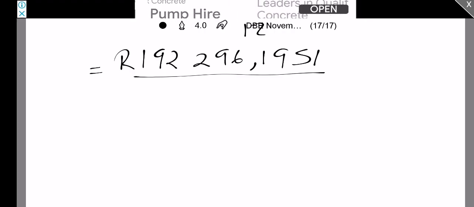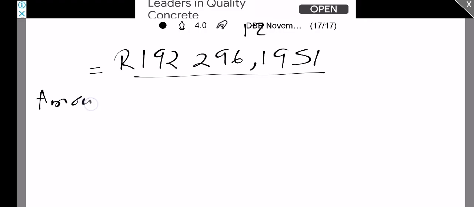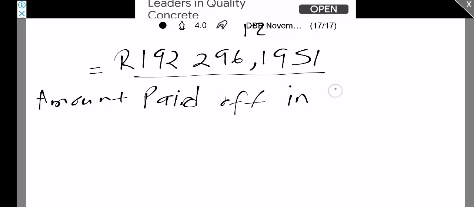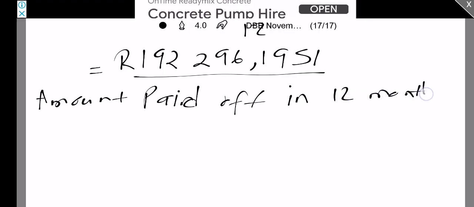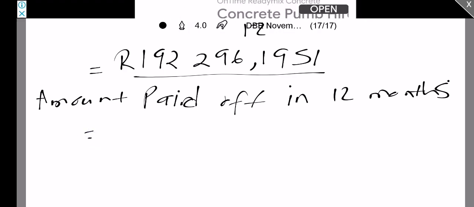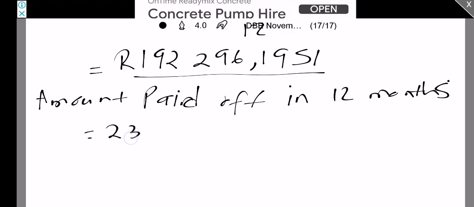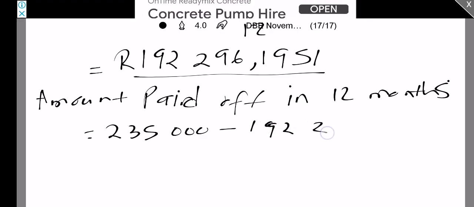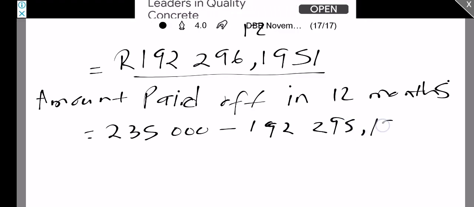So the amount paid off in 12 months, the one that we are interested in, is going to be equal to the loan amount, 235,000, minus the balance after 12 payments, which is 192,296.1951.